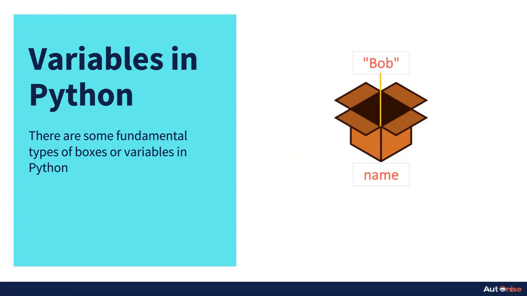Next, we have a box which saves the name of things, like the name of a person, or a fruit, or a tree. Here we are saving the name of a person, for example, Bob.